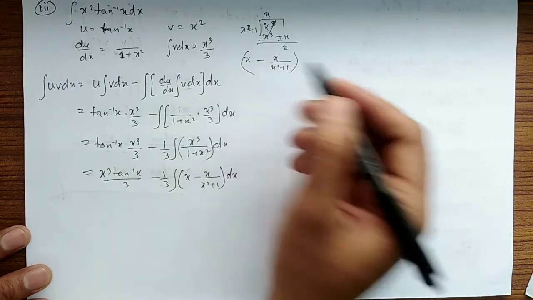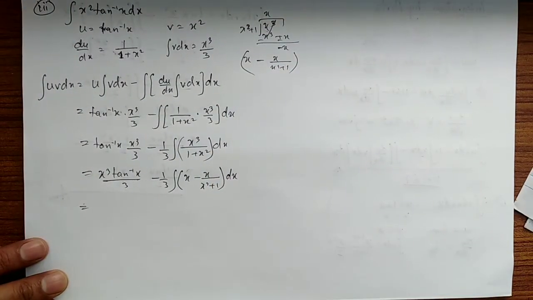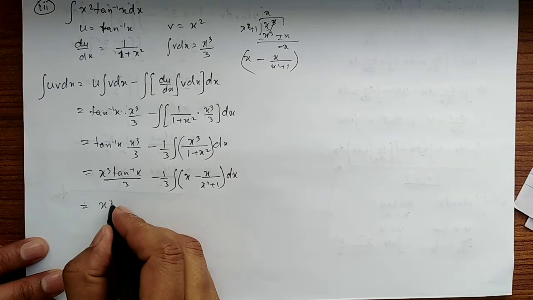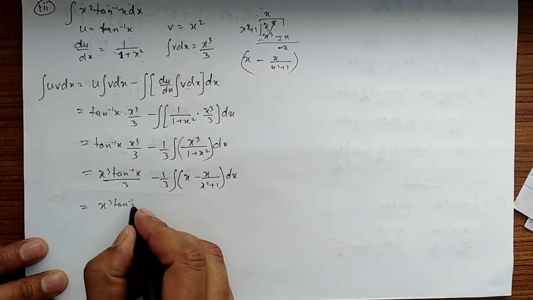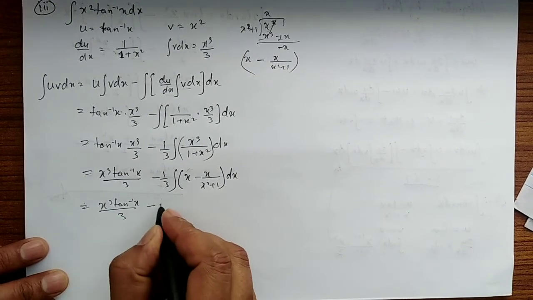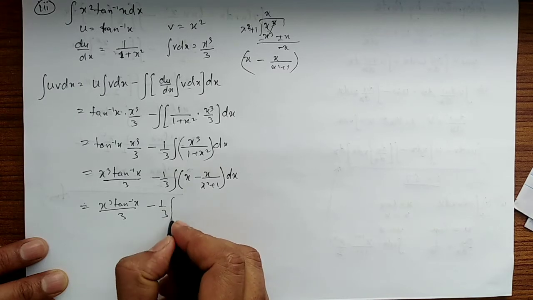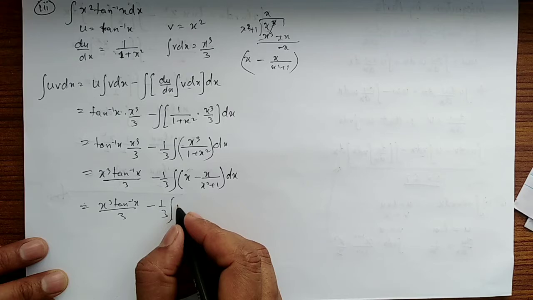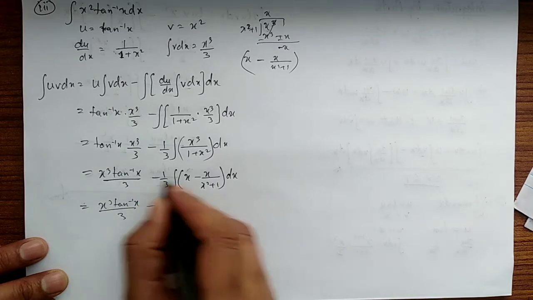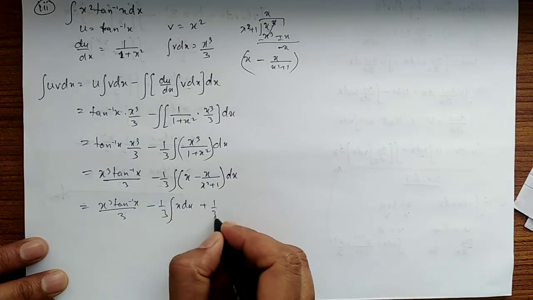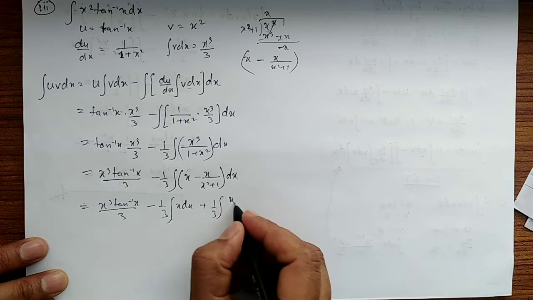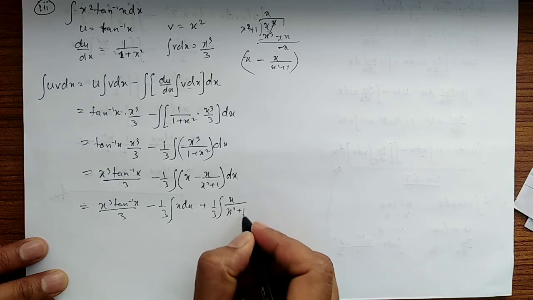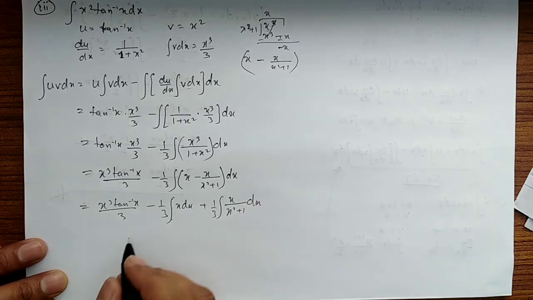So continuing with the integration of that part also, that will give us x dx minus minus plus 1 upon 3 integral of x upon x square plus 1 dx.